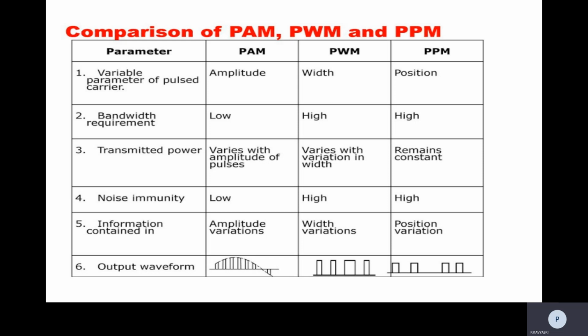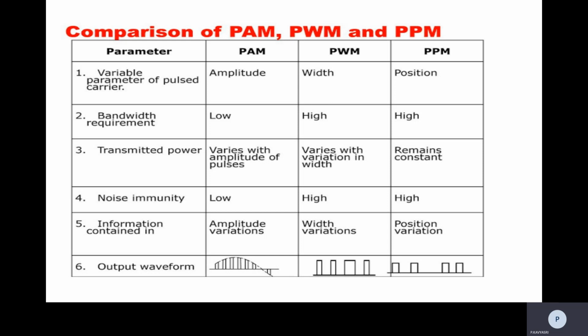Noise immunity is very low in PAM, and very high in PWM as well as in PPM. And coming to the fifth one, which is the information contained in. In PAM, it is in the form of amplitude variation. In PWM, it is in the form of width variations, and in PPM, it is in position variation.